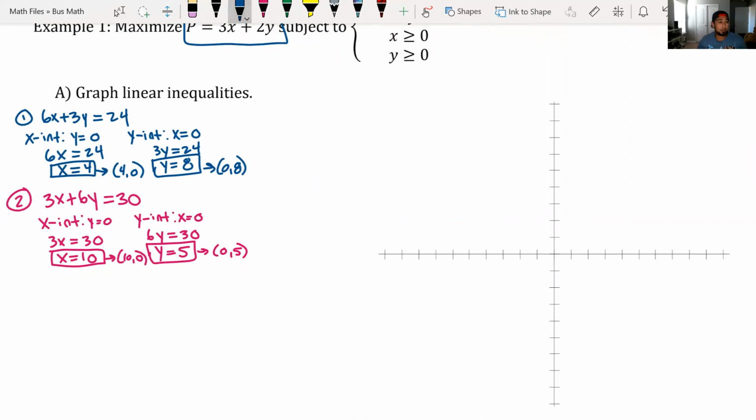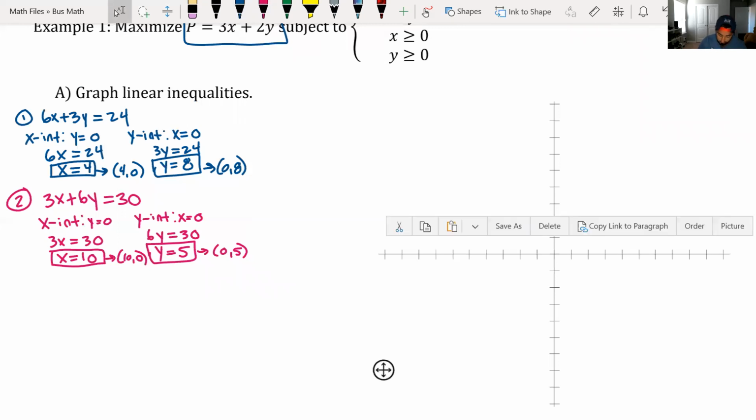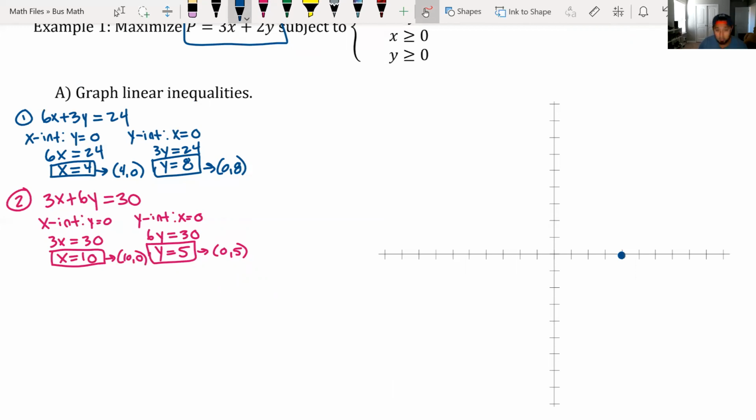Plot the blue line first. The first equation, we have 4, 0, and 0, 8. 4, 0, and then 0, 8. 1, 2, 3, 4, 5, 6, 7, 8. Okay, and then just connect.